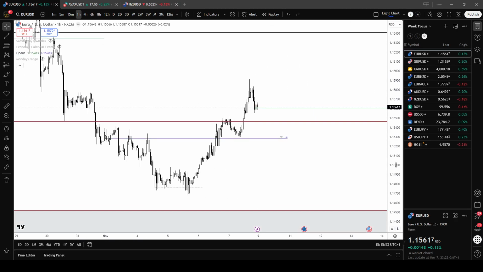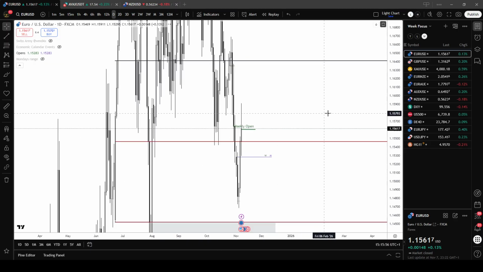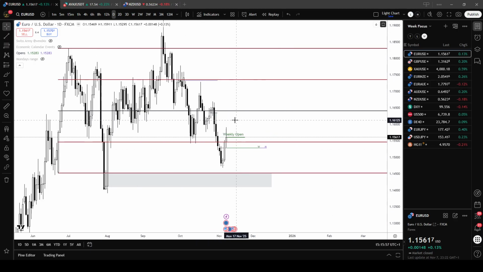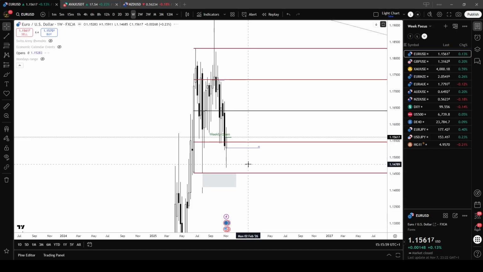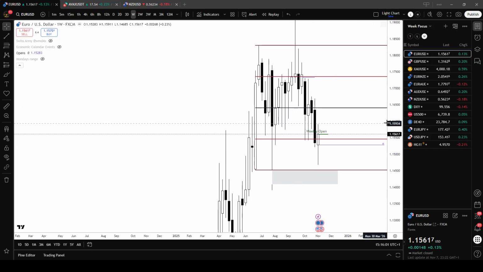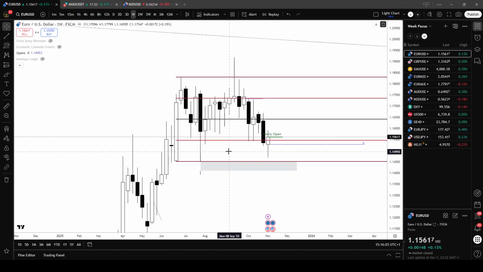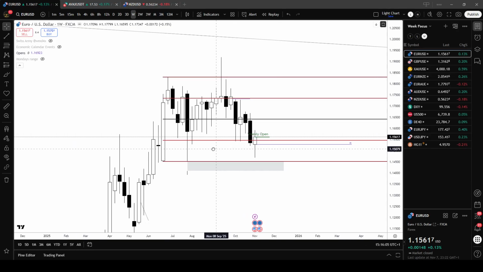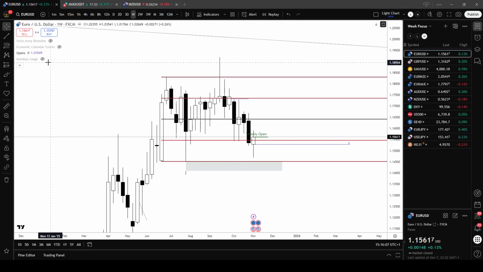So if you look at the weekly chart, it looks pretty nice, honestly. Looking at the weekly chart, we've just filled some of this large wick and we've closed above this range level here.